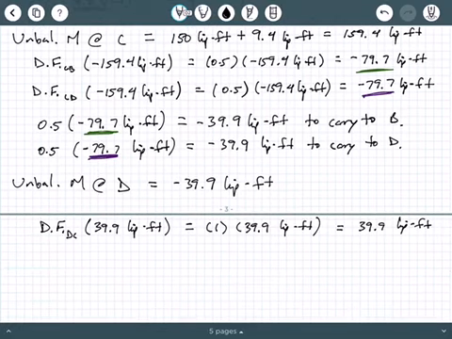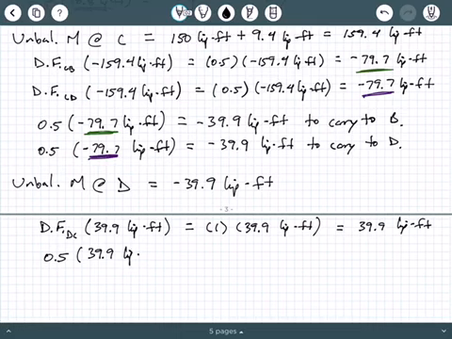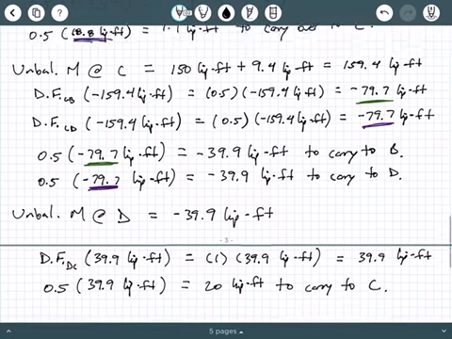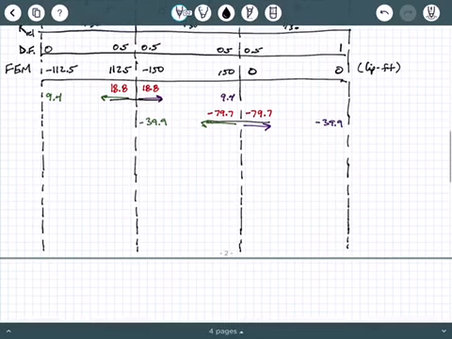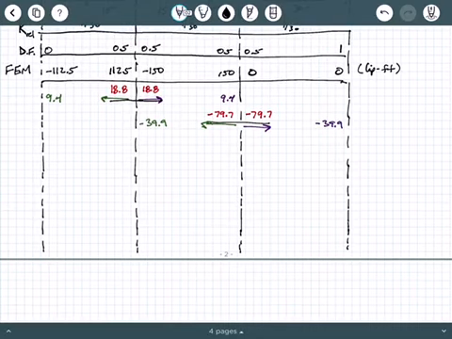And then I'm going to go ahead and do my carryover calculation. I'm going to carry over half of that. So remember that this 0.5 right here is my carryover factor. Carryover factor times 39.9 kip feet, which comes out to be, I'm just going to round that to 20 because 39.9 is almost 40. 20 kip feet is carried over to C. Okay, so what does our table look like now?